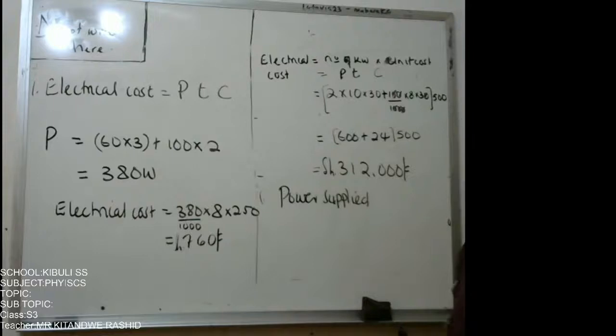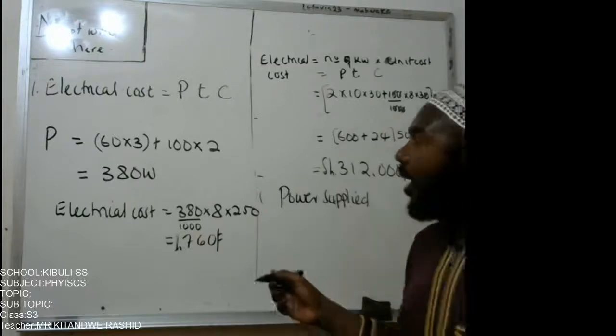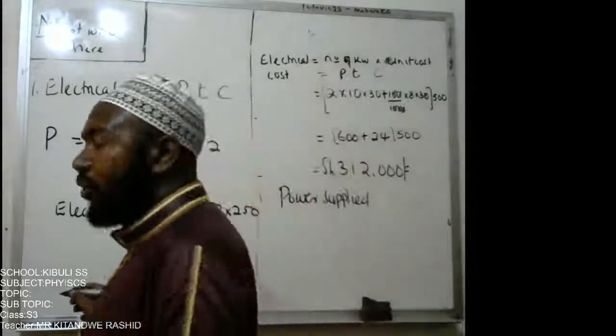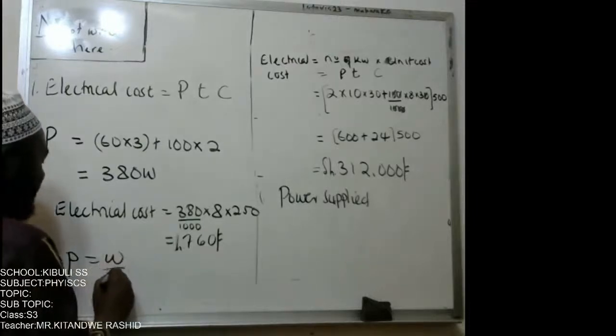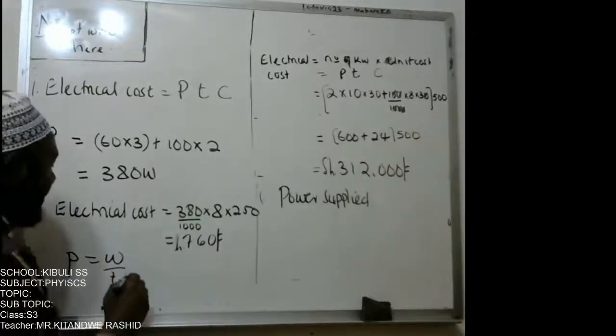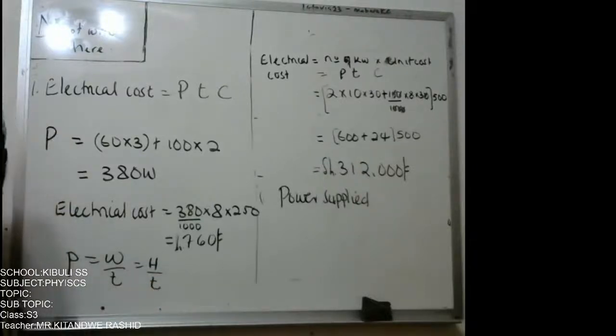But you need to know that power is the rate of doing work. And work here is converting electrical energy to heat energy. So power is work over time. And the work this time around is heat energy over time. Are you getting it?